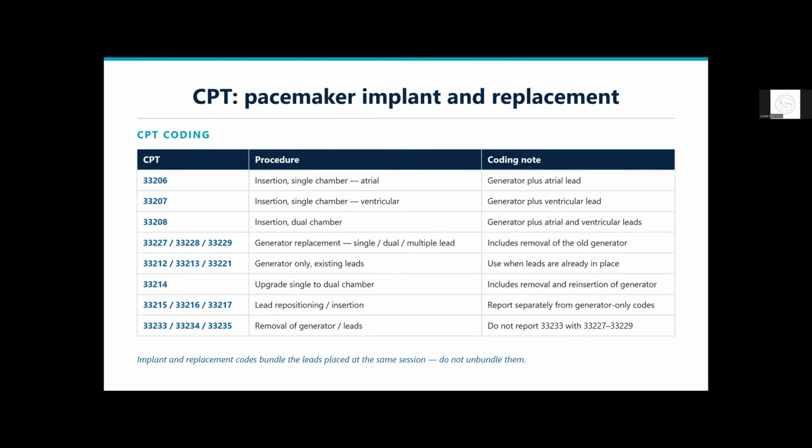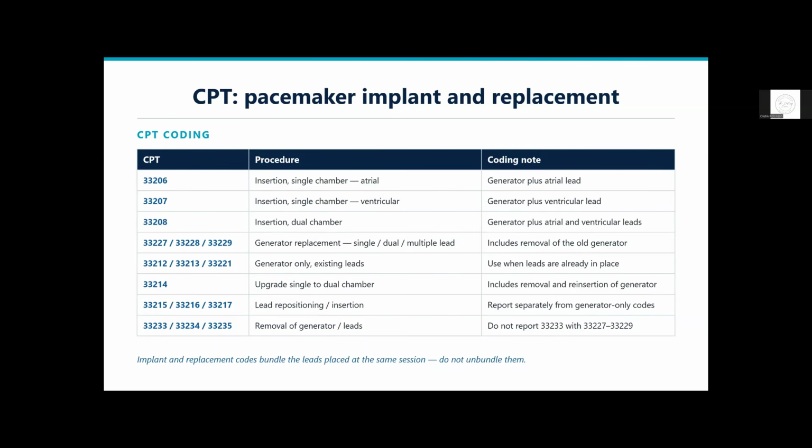Pacemaker codes start with identifying the chamber and the number of leads. Codes 33206 through 33208 cover single chamber atrial, single chamber ventricular, and dual chamber implants. Replacement codes 33227 through 33229 include removal of the old generator.